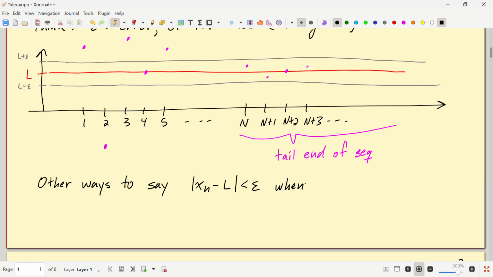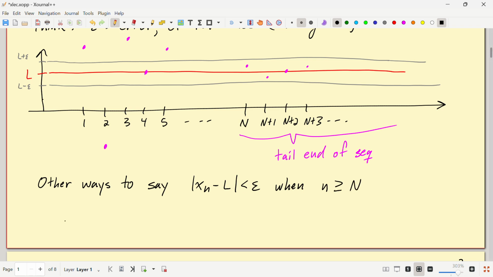That means the N depends on epsilon. And I don't do that because I'll let the book write all those epsilons. But it's important to realize that if I shrunk my epsilon more, then I might have to go farther out to the tail to make this picture happen. So the N depends on the epsilon.